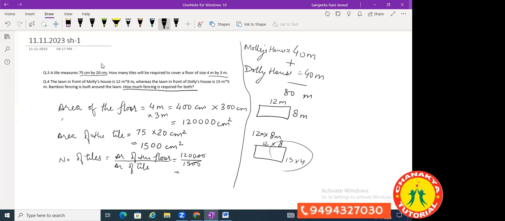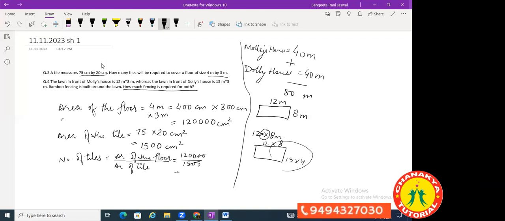It's not actually multiplying, it's just giving you the dimensions, that is, the length of the rectangle with the breadth of the rectangle.